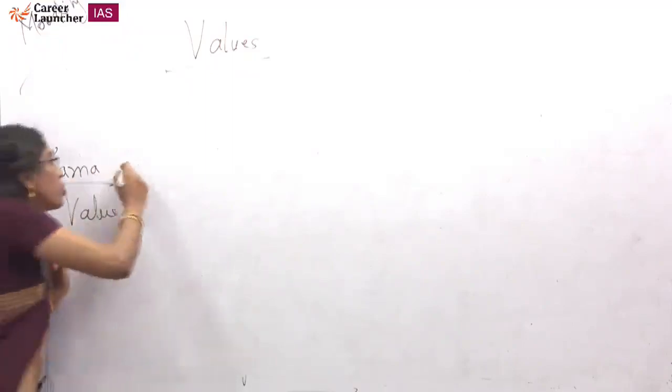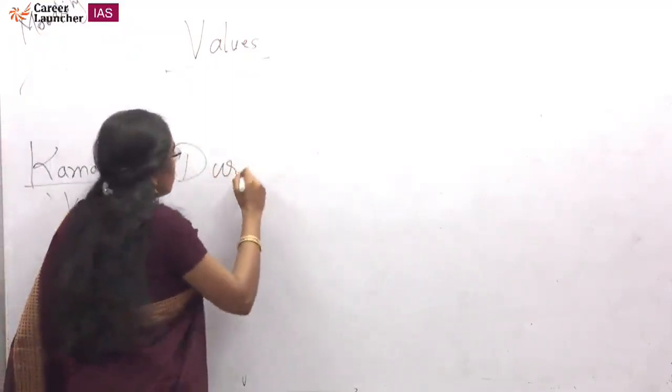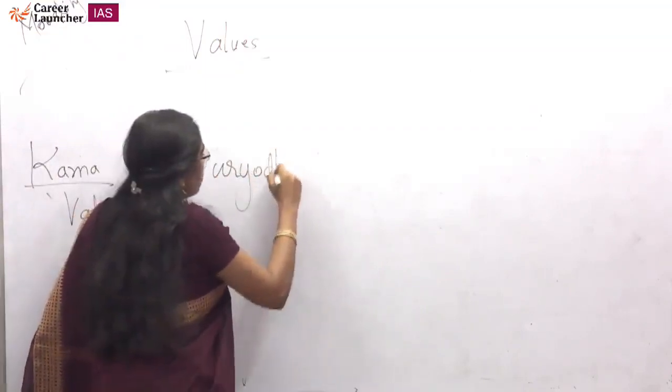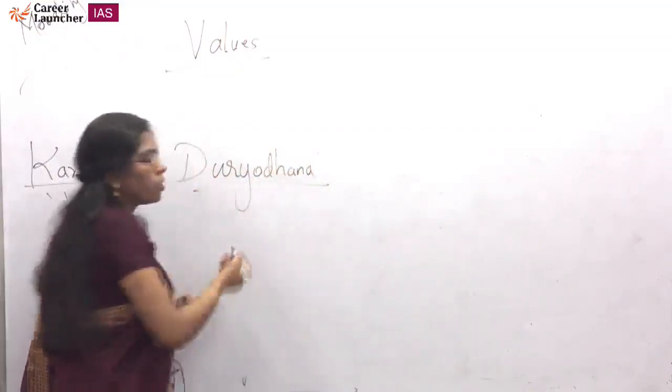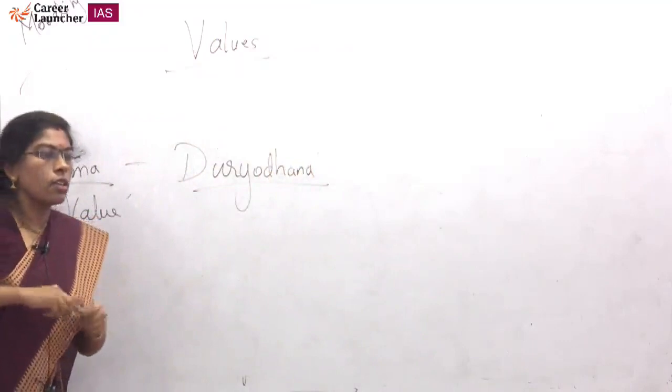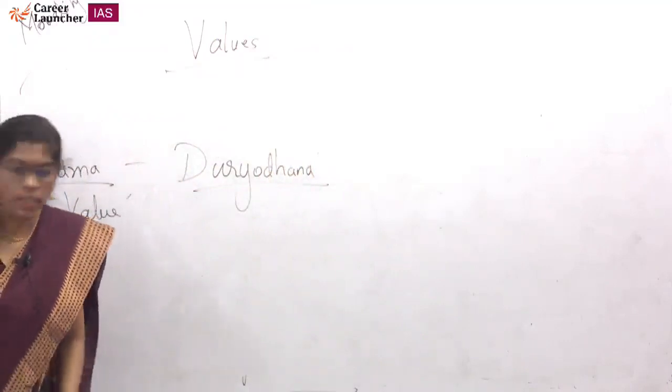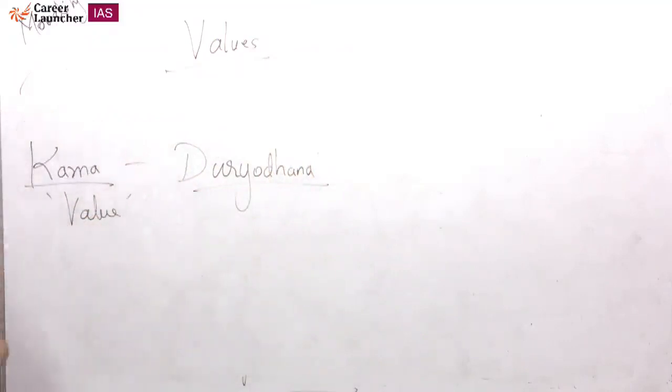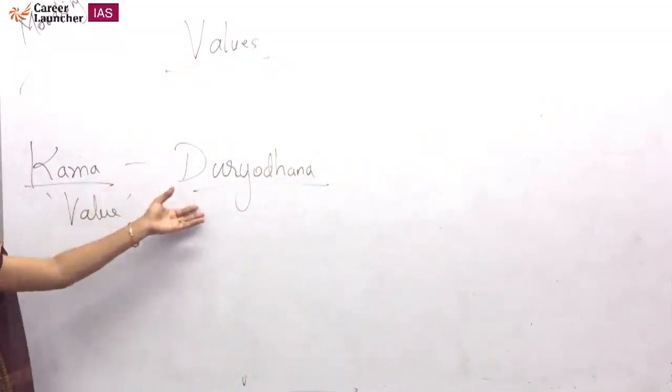But he was with Duryodhana. Who is Duryodhana? The king, always a person of falsehood and adharma. When you read a book, they will say he is a demon king.